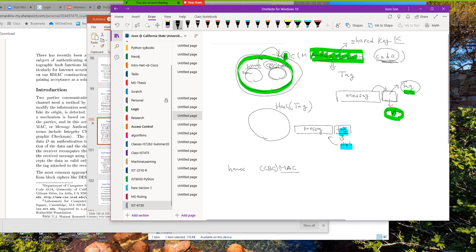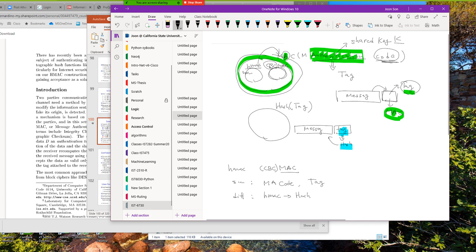But of course, there are similarities and differences, right? The similarity is that both of them are message authentication codes, and of course they are both tags, right? What is the difference? The difference is obvious. HMAC uses hash functions.